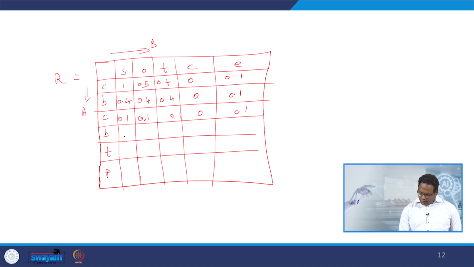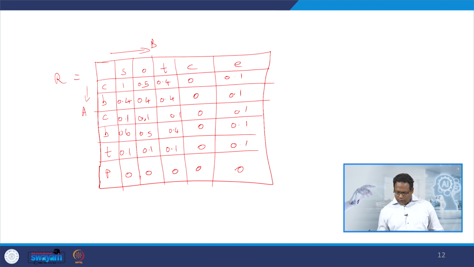For bike, we get 0.6, 0.5, 0.4, 0 and 0.1 for the corresponding shapes. For tree, we get 0.1, 0.1, 0.1, 0 and 0.1. For the plateau, it does not come under any shape, so 0, 0, 0, 0 and 0 is the minimum value.